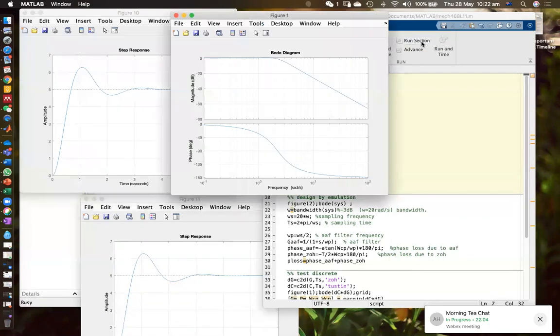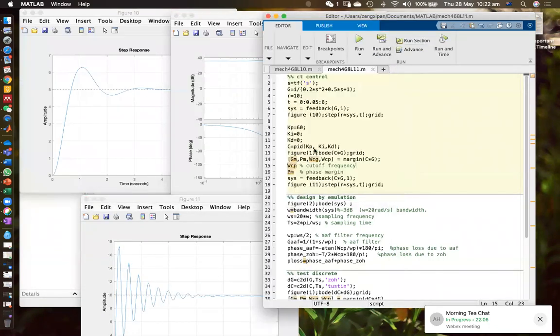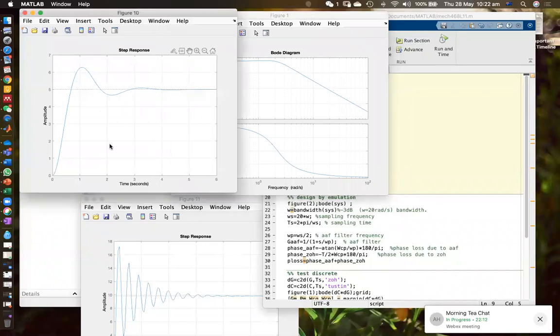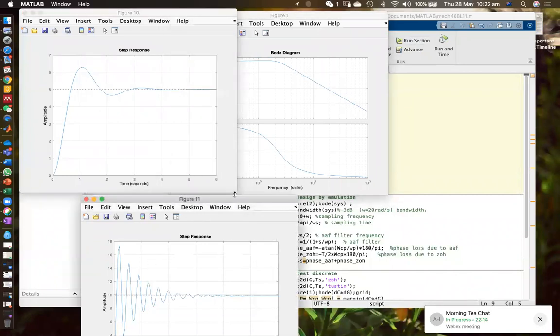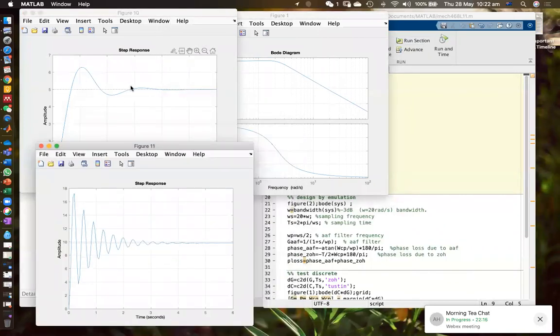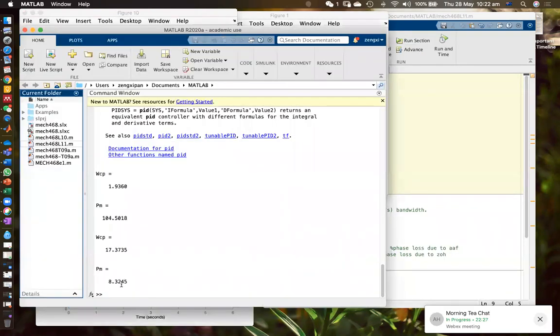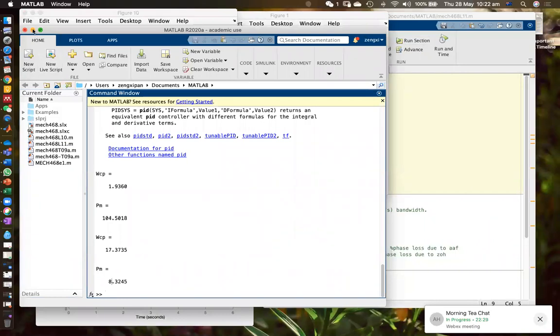You can follow that. So now I put a gain there, KP, a very large gain. Right? So what will happen is you can see that's the original system. This is our new system. It's much faster, right? Goes up very quickly. However, it gets some stability issue. If we look at the margin, margin only has 8 degrees.